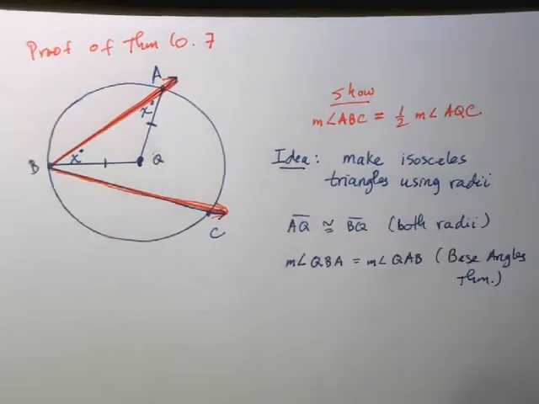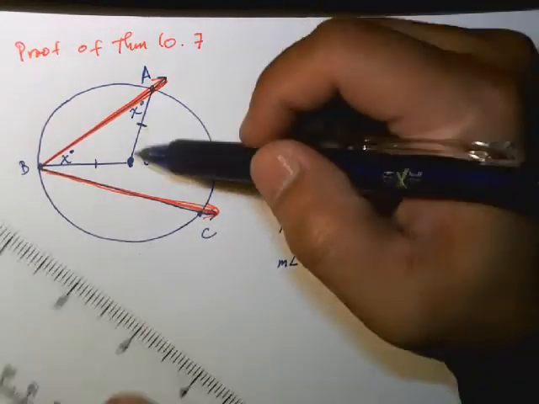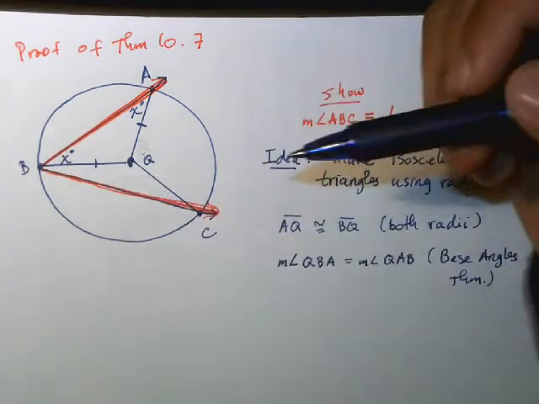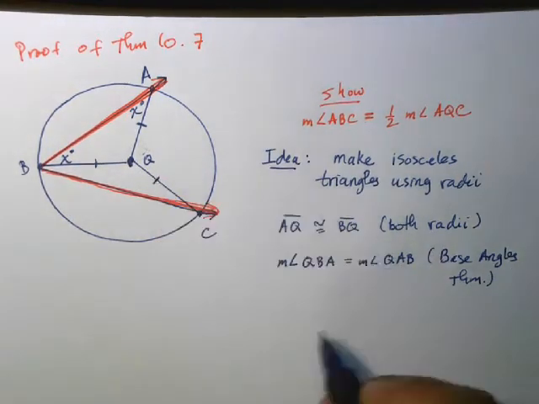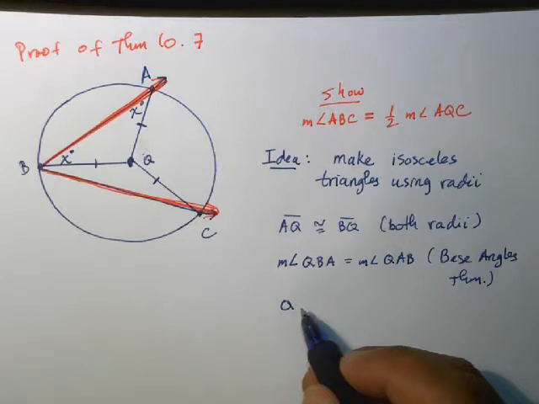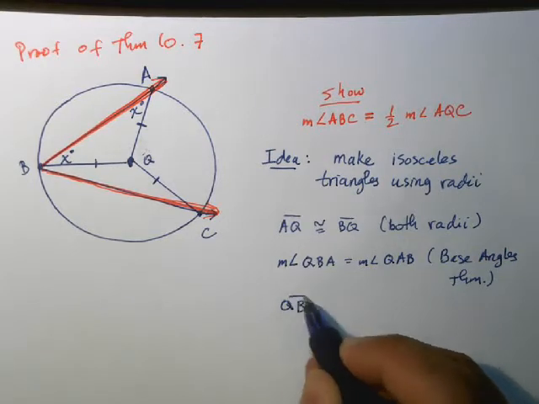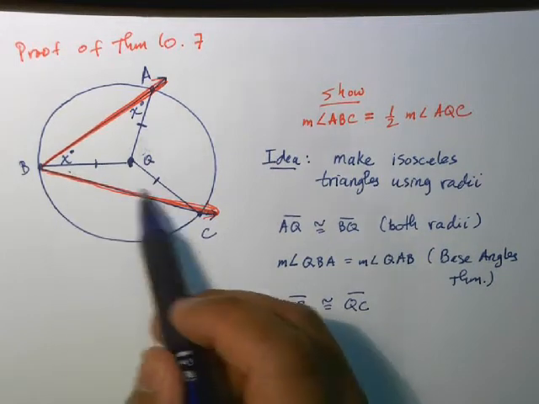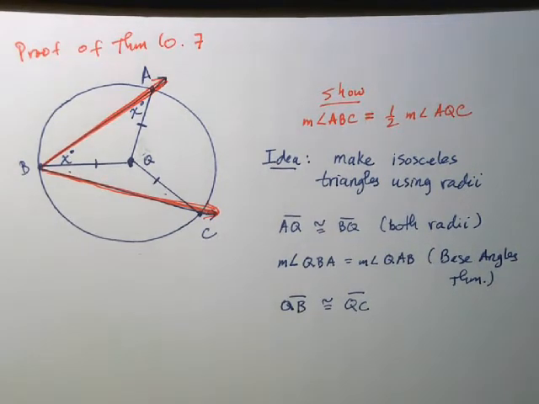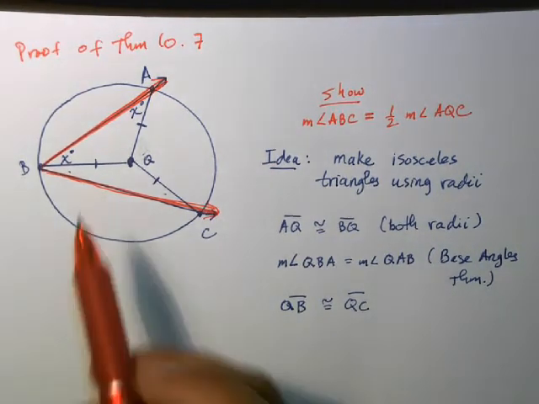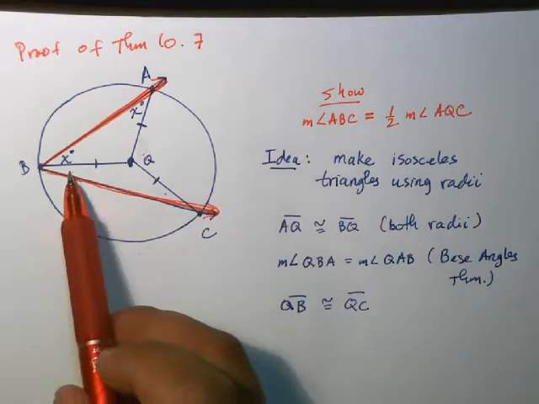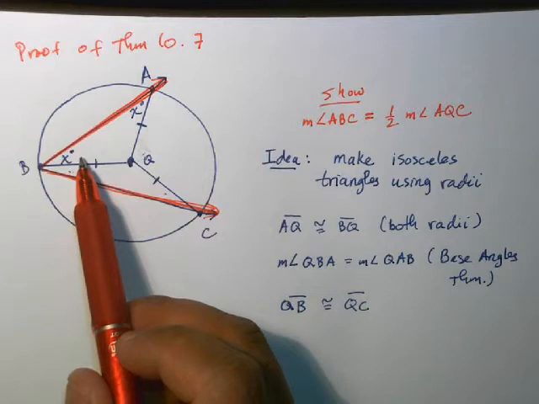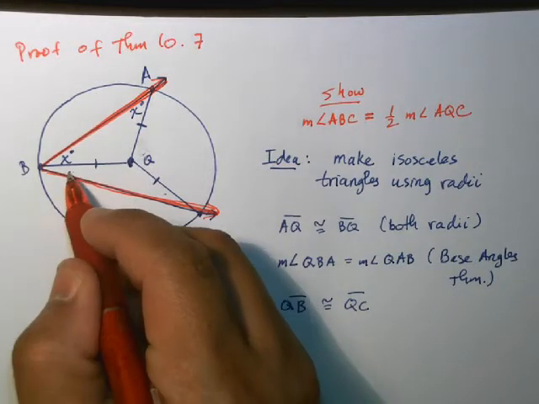Now I'm going to do a similar thing with another radius. So I'm going to take a radius and connect it between Q and C. And once again, QB is congruent to QC, so these two angles here must be congruent to each other. Now we have to be careful. We don't want to label these angles x. We know that these two angles are congruent to each other, but they are not necessarily congruent to the angles of the other isosceles triangle.